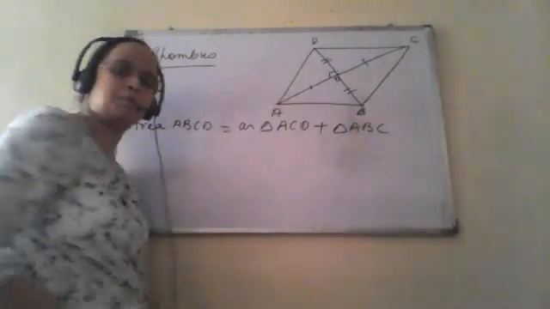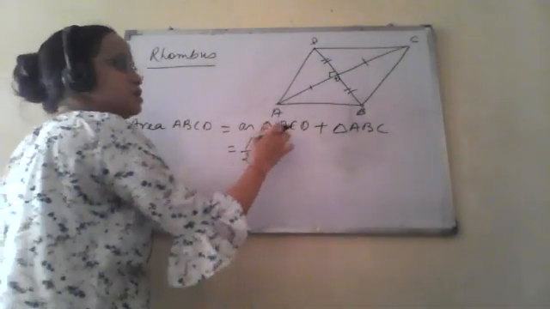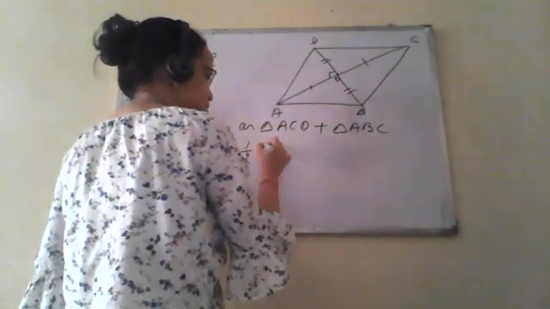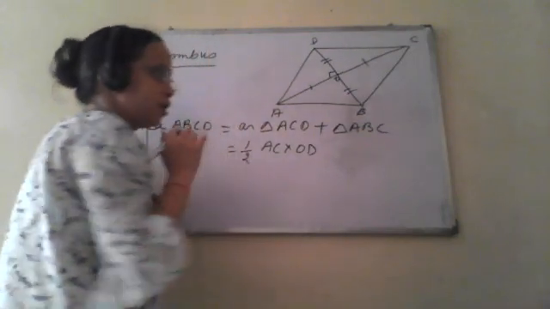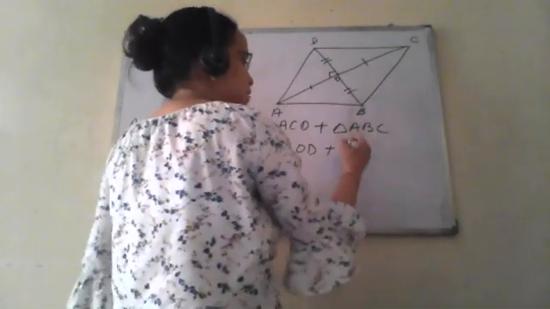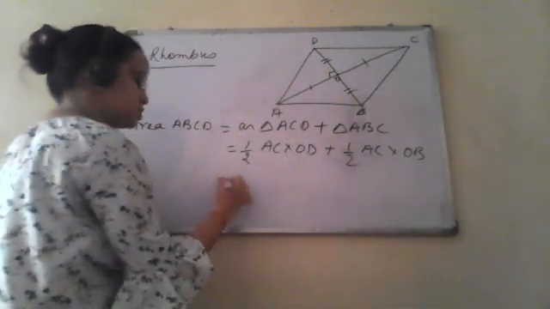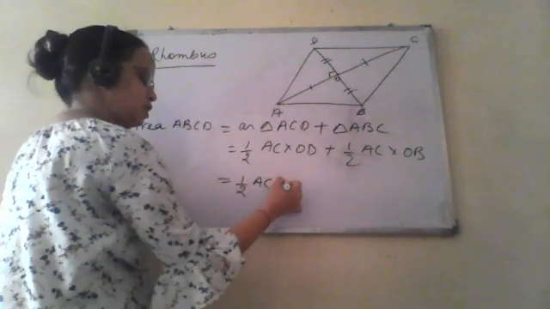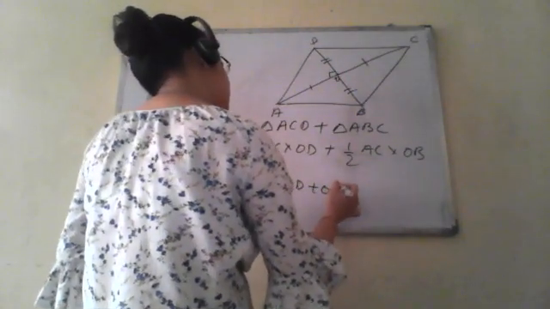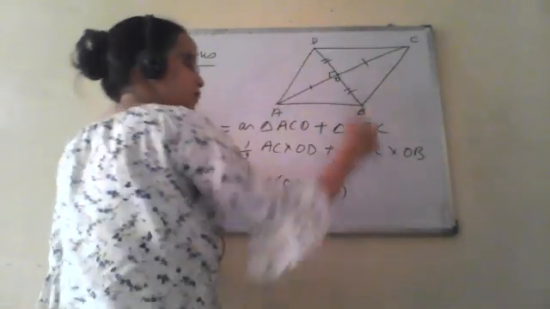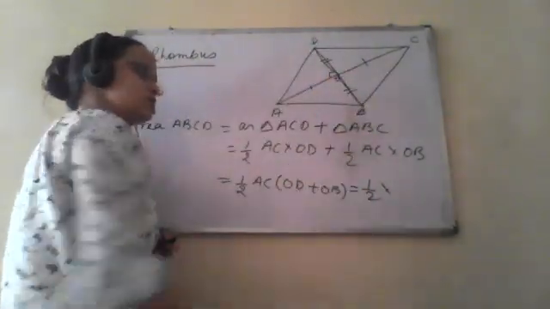The rhombus is made up of two triangles, ACD and ABC. The area of triangle ACD will be half base, the base is AC, into OD. Plus ABC, half base, again the base is AC, into OB. So this is half AC, which is common, and in the bracket we have OD plus OB. If we add OD and OB, it will be BD.